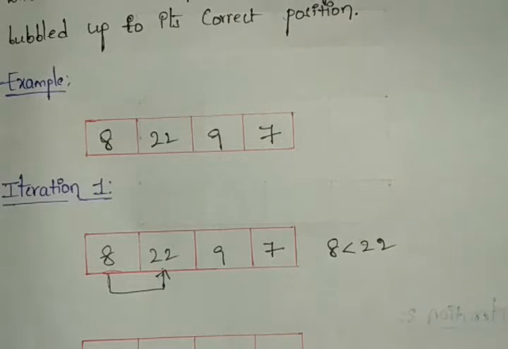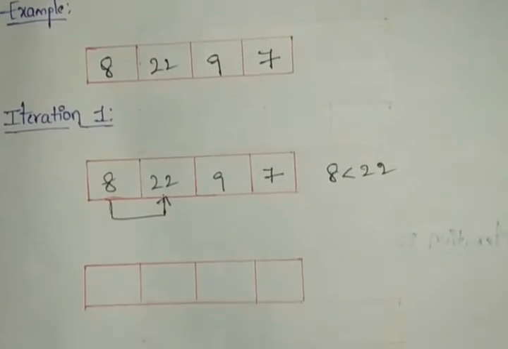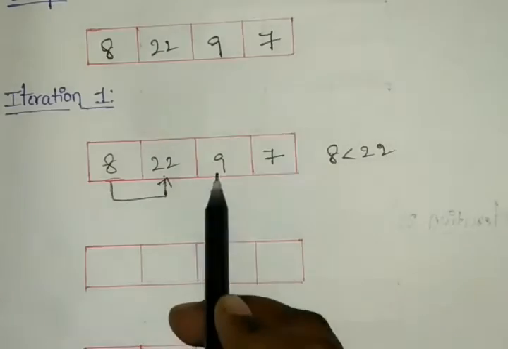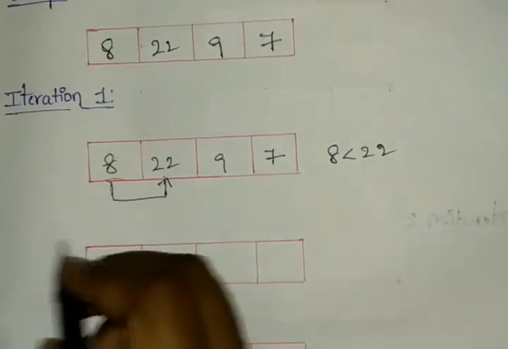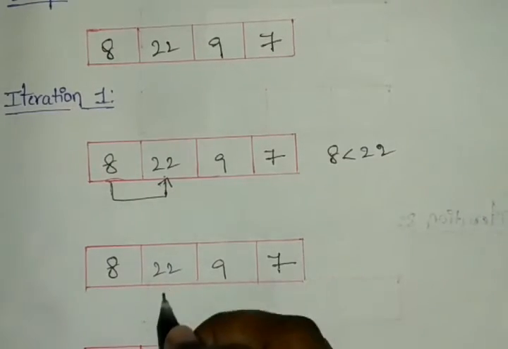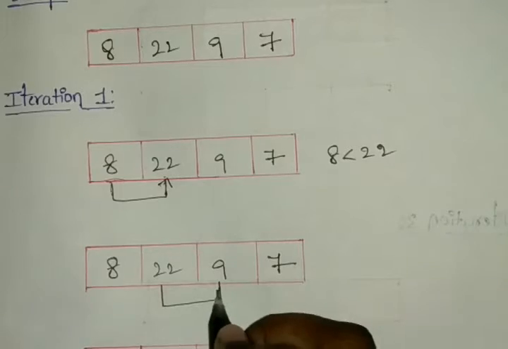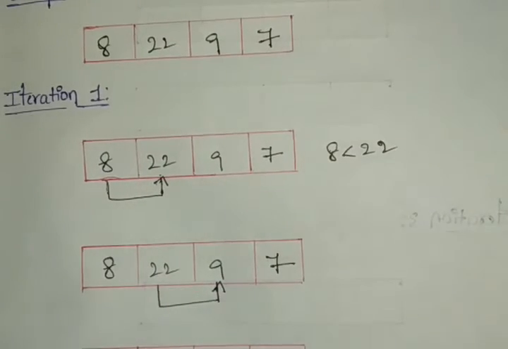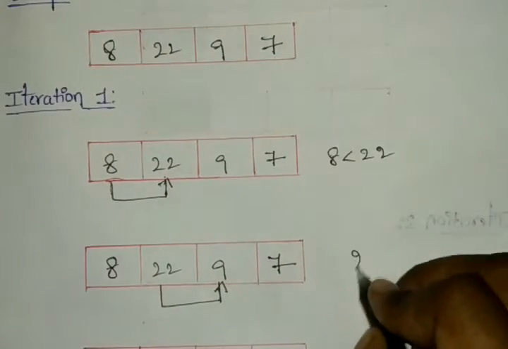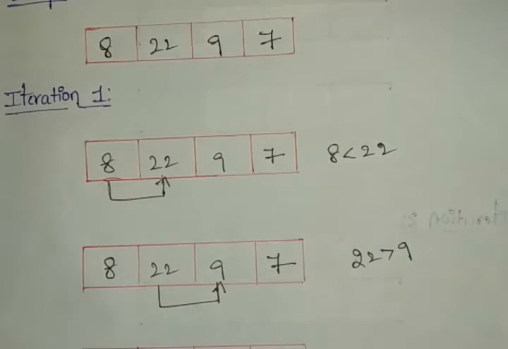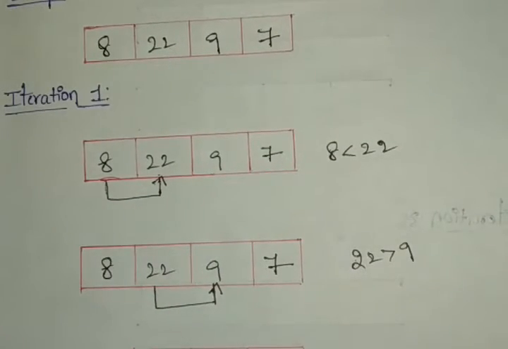And next we are moving to the second element, comparing with the third element, 9. We have 8, 22, 9 and 7. Here 22 is greater than 9.